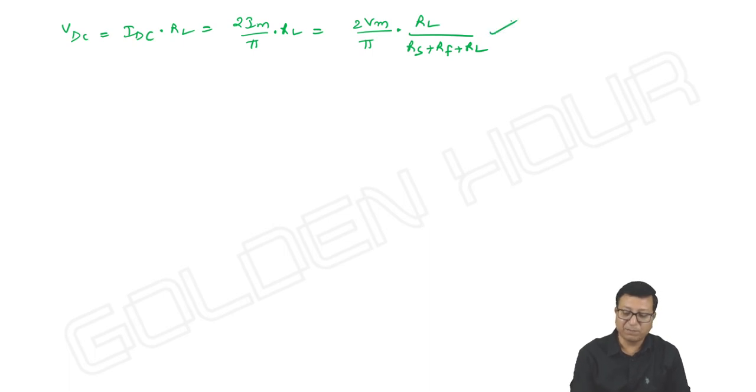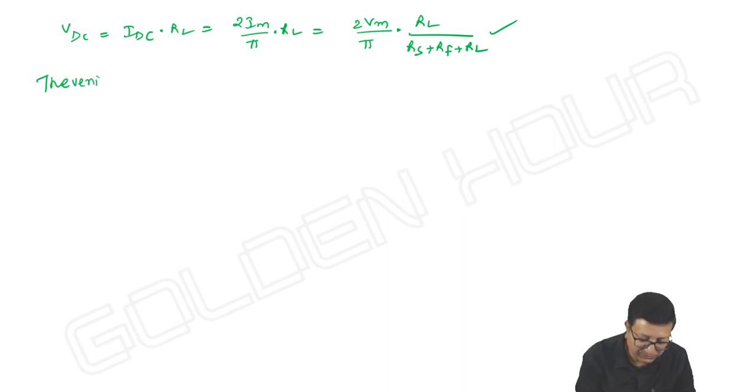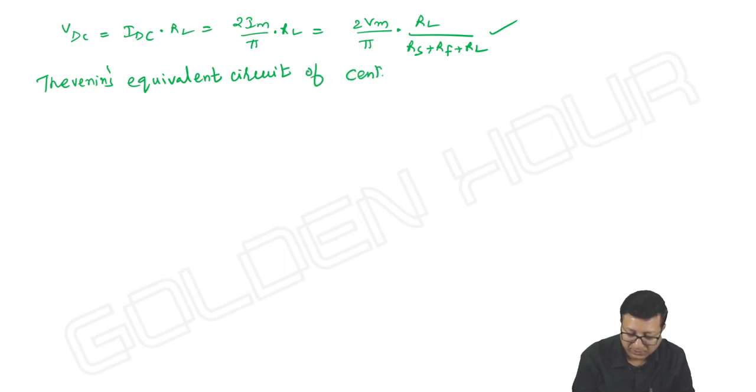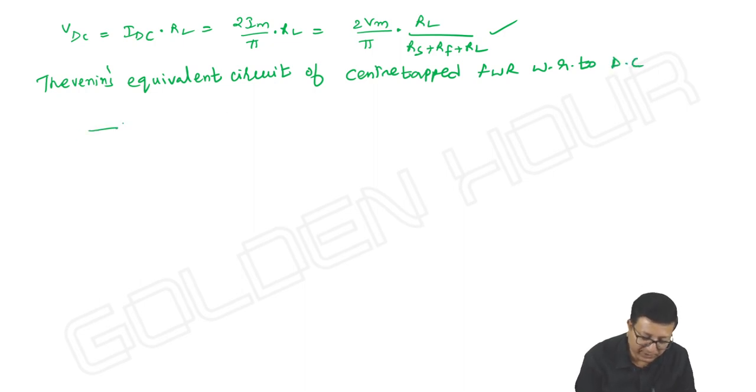From this DC component, we can develop the Thevenin's equivalent circuit of a center tapped full wave rectifier with respect to DC. Let us write it.